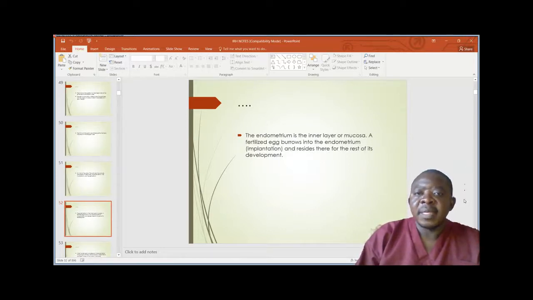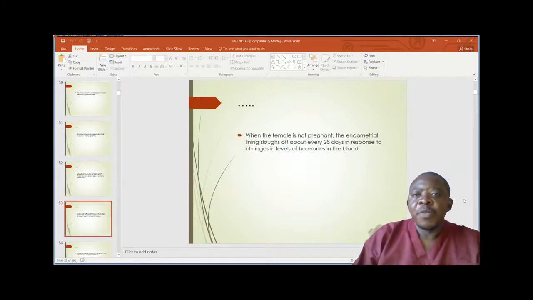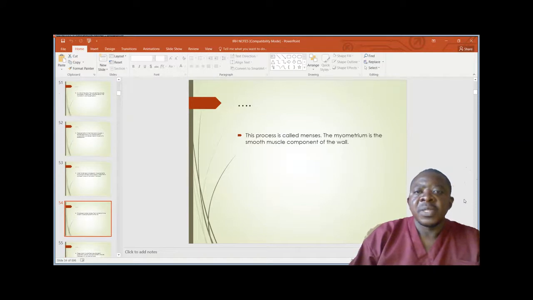A fertilized egg burrows into the endometrium, which we call implantation, and resides there for the rest of its development. When the female is not pregnant, the endometrium lining sloughs off about every 28 days in response to changes in levels of hormones in the blood. This process is what we call menses, or menstruation.